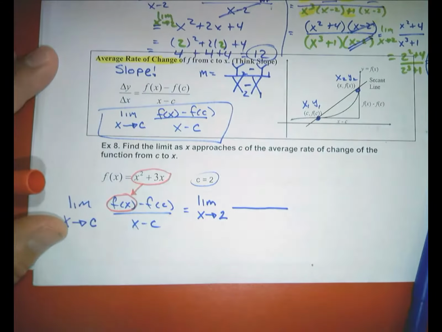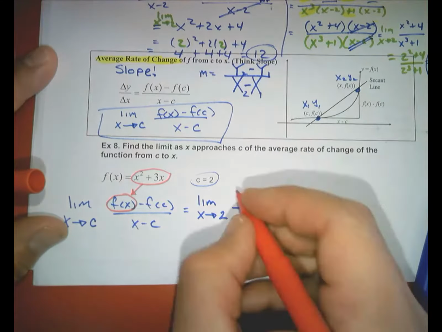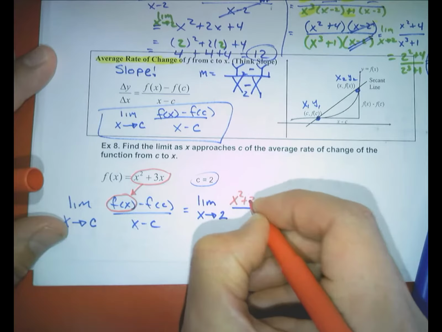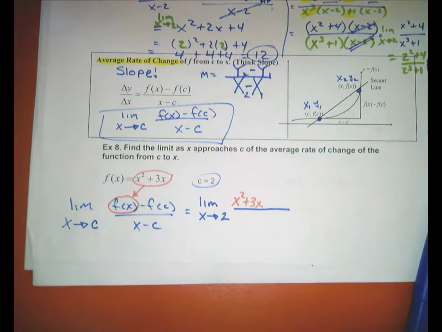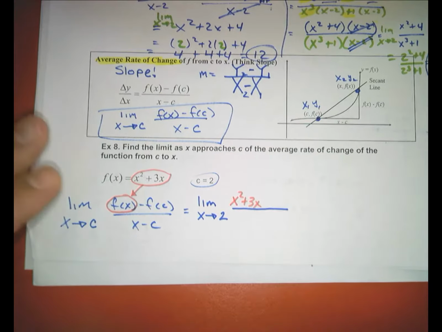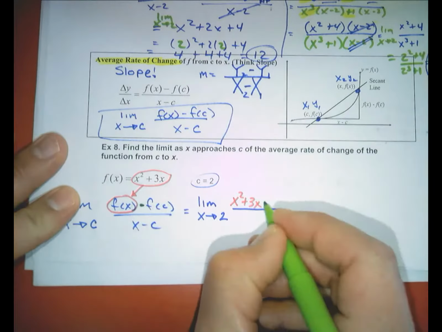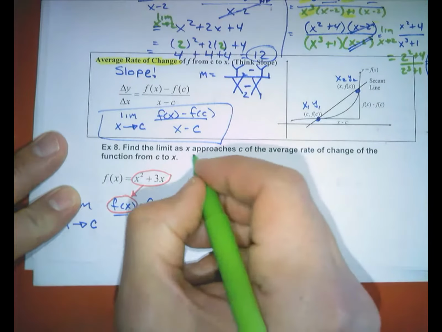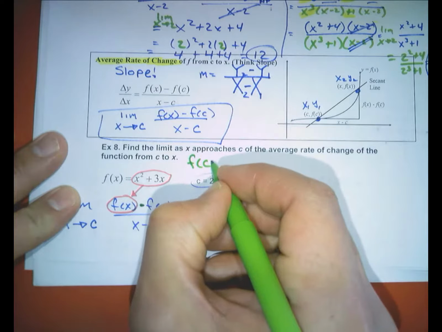So I'm going to plug that in right there. That is x squared plus 3x. So far, so good. Minus, so minus sign, f of c.